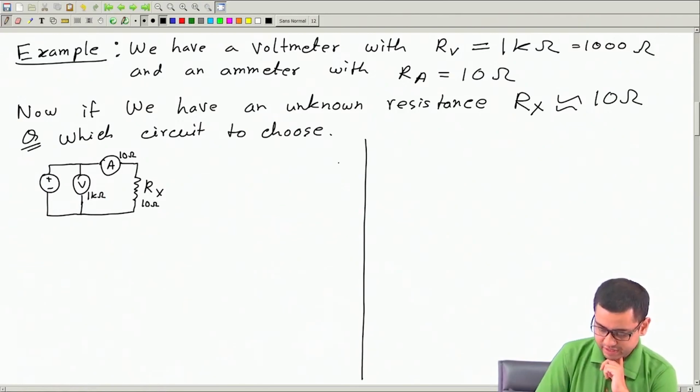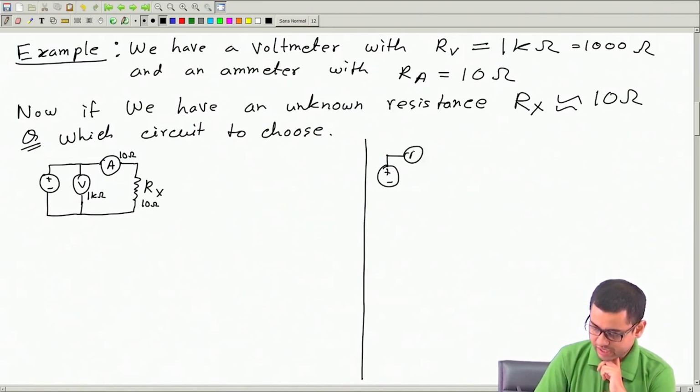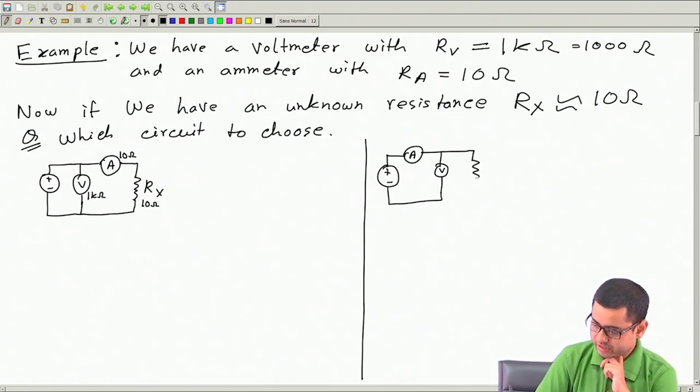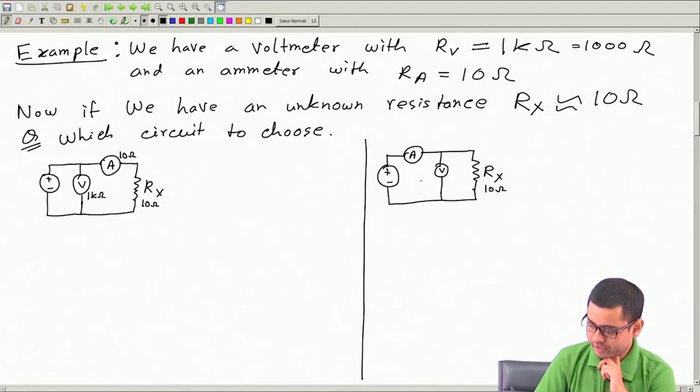And let's choose the other circuit, for which we will have the ammeter before the voltmeter, so that the voltmeter reads the correct voltage, but the ammeter will read erroneous current. So this is around 10 ohm, this is 1 kilo ohm, this is 10 ohm.